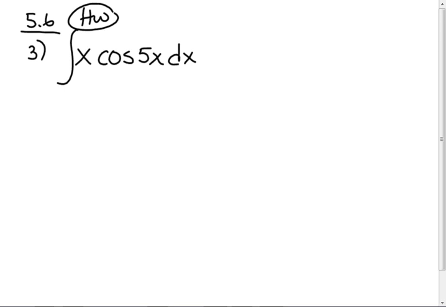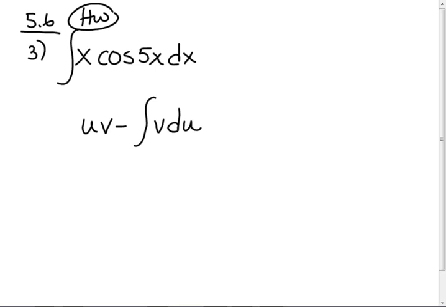Well, you can try a regular U substitution. It's not going to work. So which one do you want to be U, and which one do you want to be dV? Remember what I said.